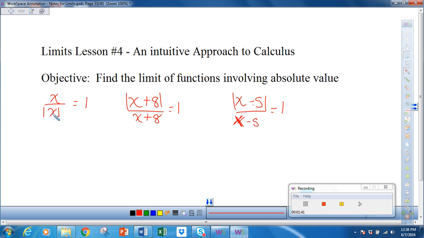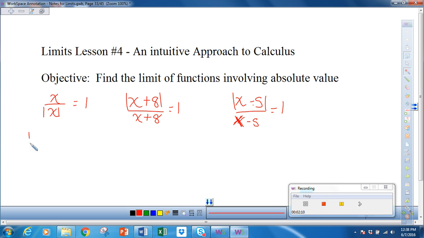The same thing here. If I'm choosing numbers less than 0, my answer would be negative 1, because the bottom would always be positive, but the top would be negative.